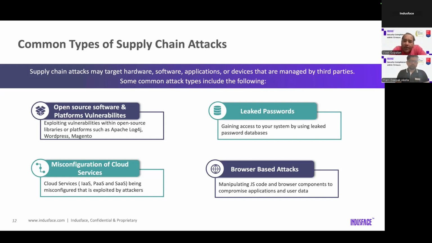The other form of attack, which is also quite common, uses misconfiguration in your infrastructure layer, especially when you're using cloud service providers like AWS, depending on how those services are configured. Is your S3 bucket public? Is your S3 bucket private?